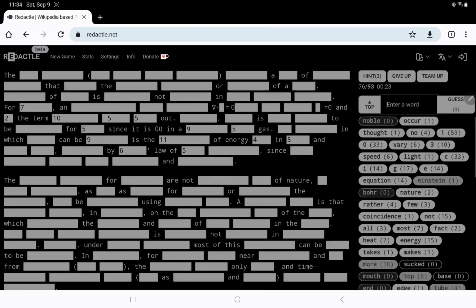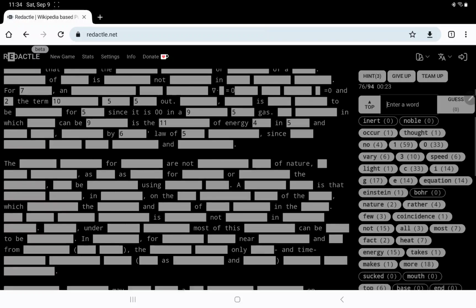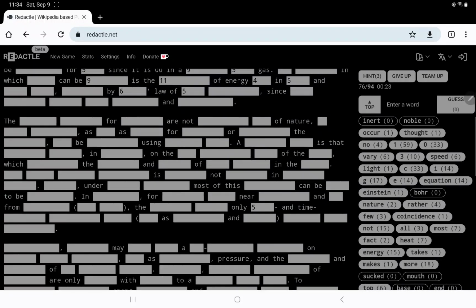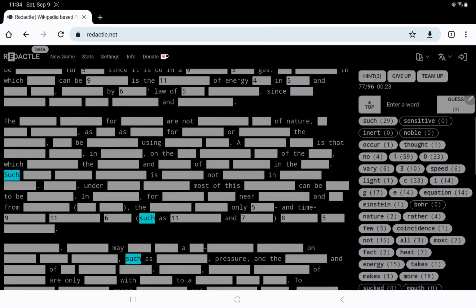Is this a noble gas? No. How about inert? Only 5. And time sensitive? No, time 9/11, such as 11 and 7.